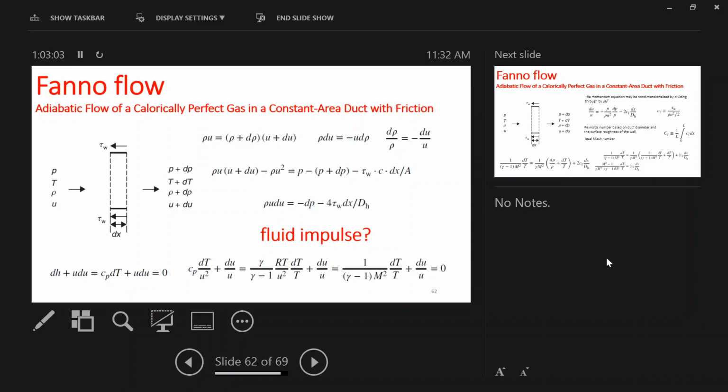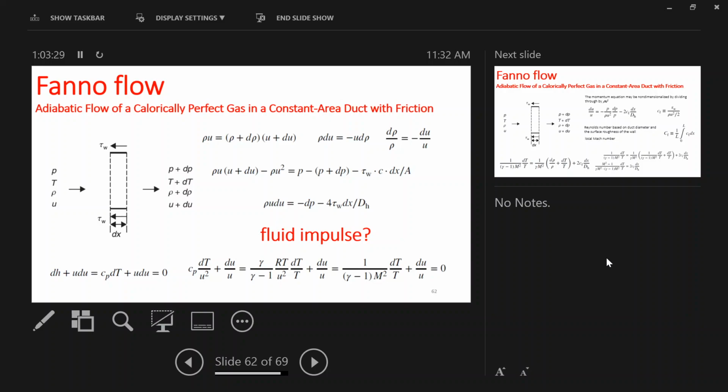So we are going to replace that here. We're going to use the hydraulic diameter here. So your equation, and then we're going to try to simplify the momentum equation. Your equation is going to be rho u du equals negative dp minus 4 shear stress of the wall dx, which is this length over the hydraulic diameter. Okay?